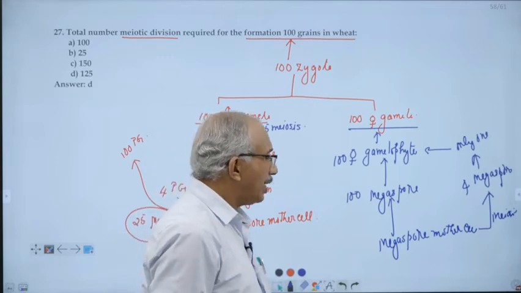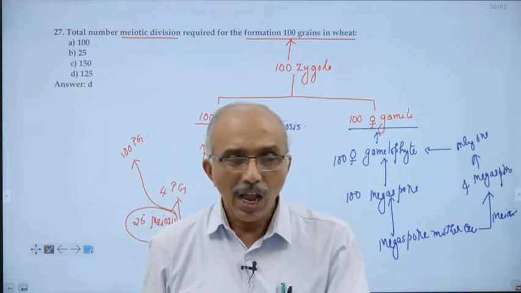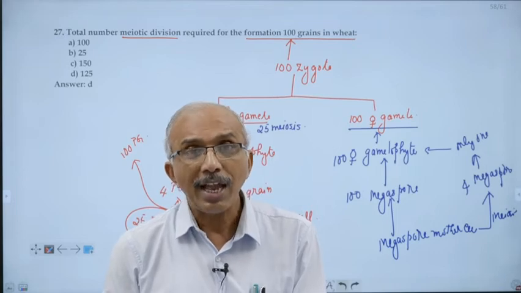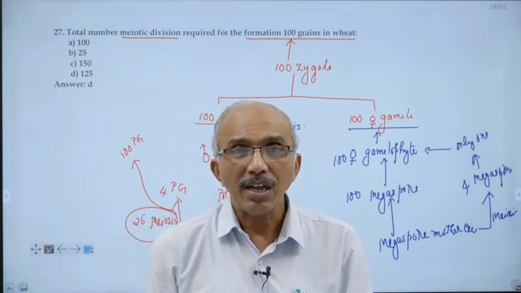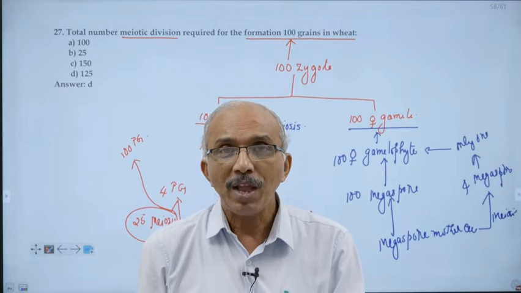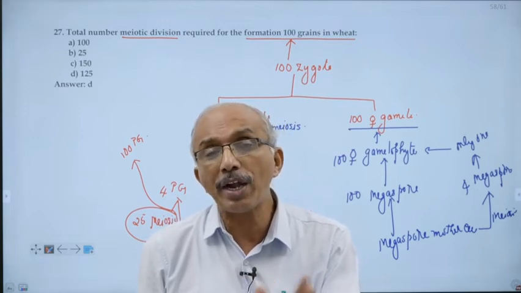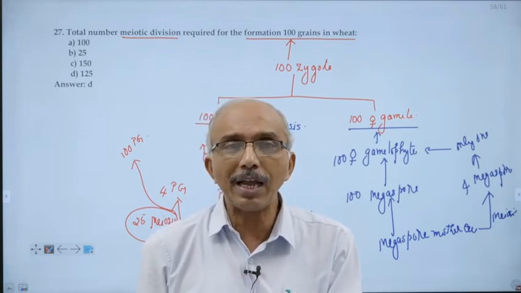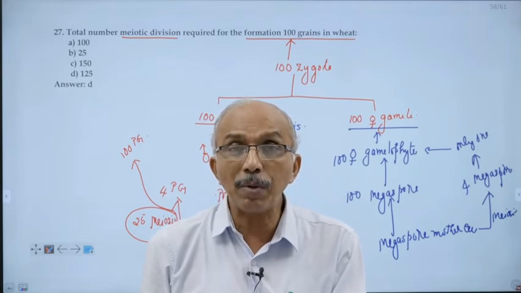That means the megaspore mother cell undergoes meiosis and produces 4 megaspores, but all the 4 will not develop into female gametophyte or embryo sac.